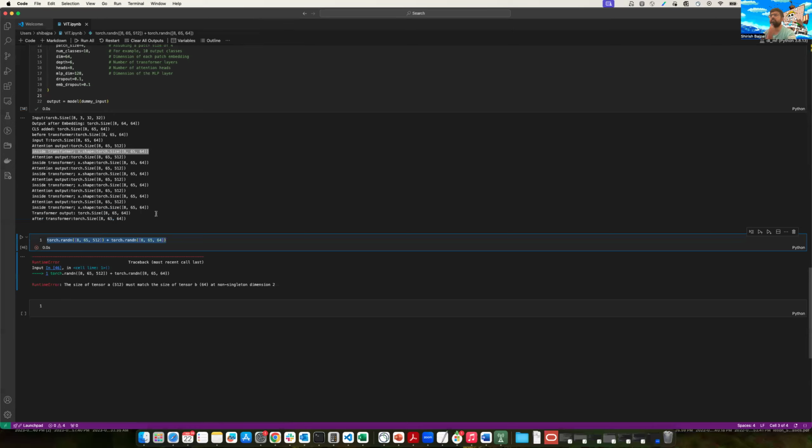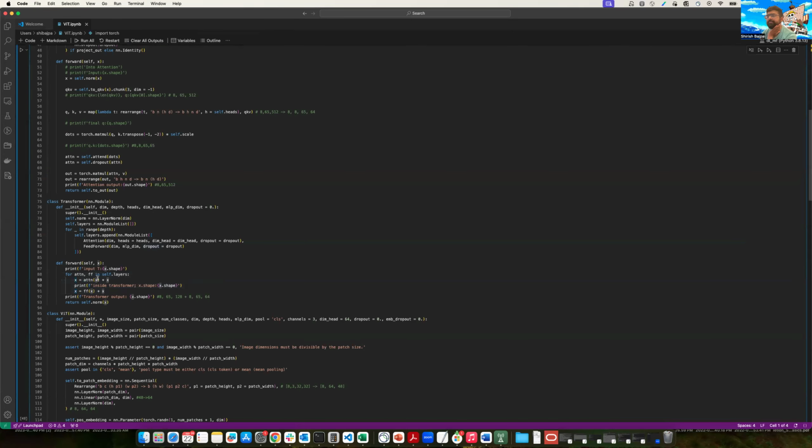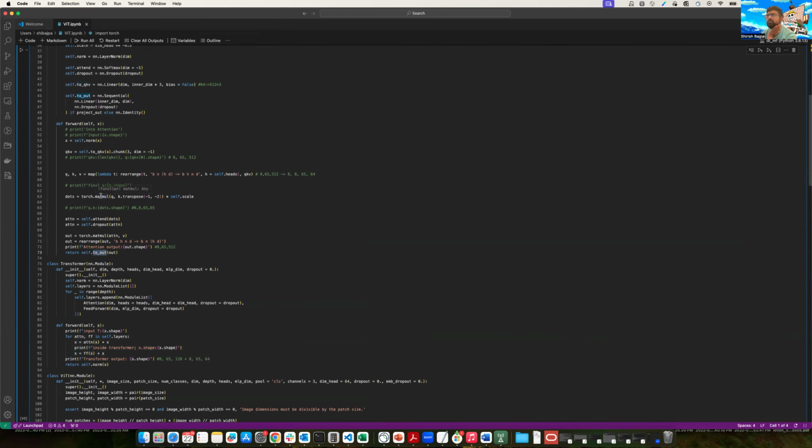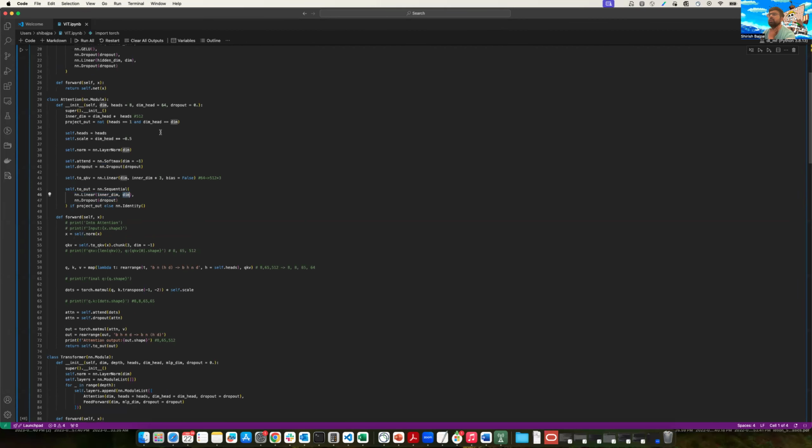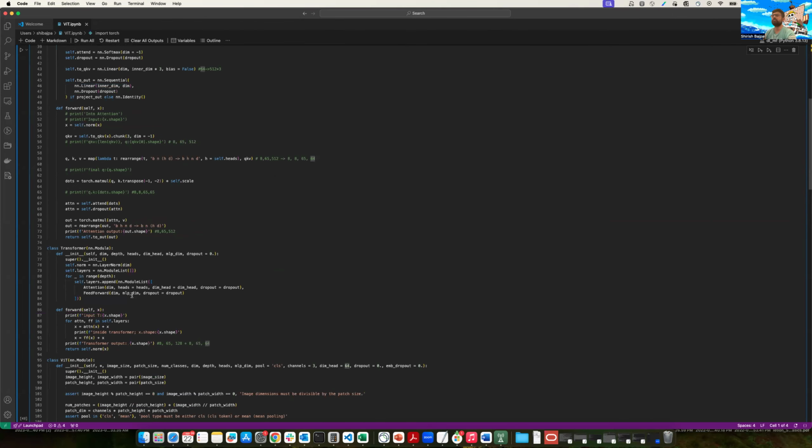Let's just check the code once. Oh, right. See, I missed this. There is this dot to out, where again there is a linear projection layer and the output dimension is 64. So the output of attention will actually be here, and this will be 8 cross 65 cross 64.